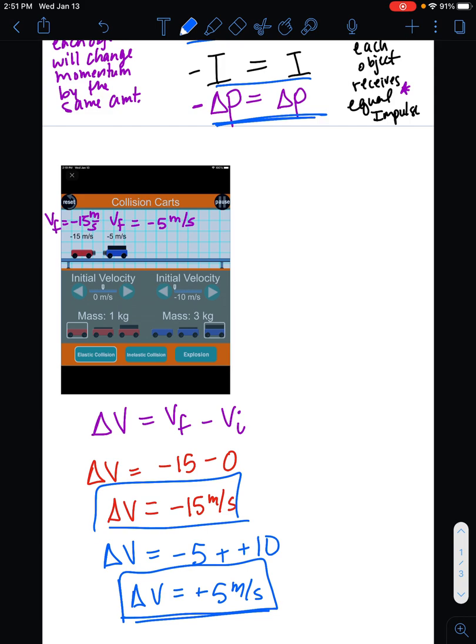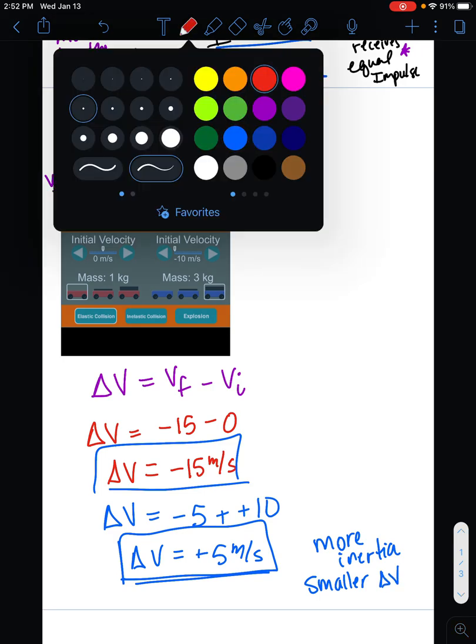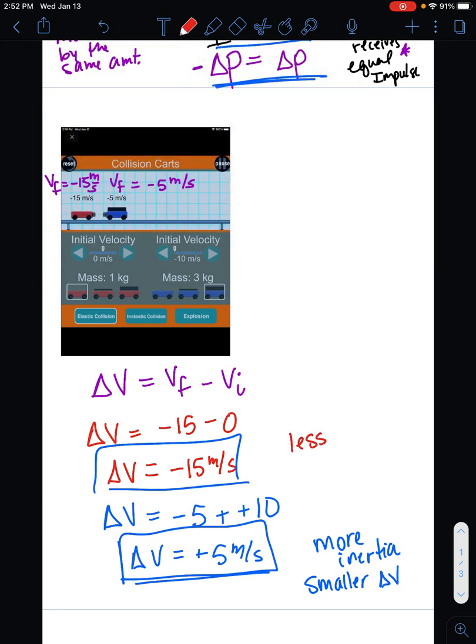Oh yeah, inertia. The one with more inertia had a smaller change in velocity, and the one with less inertia received a bigger change in velocity.